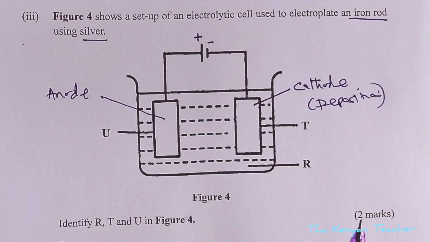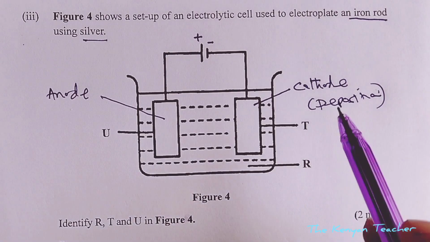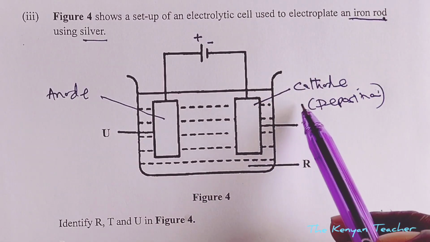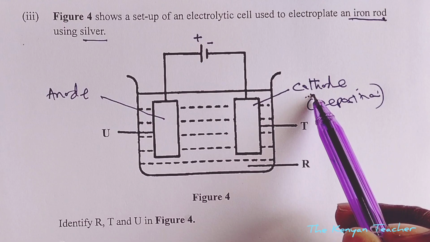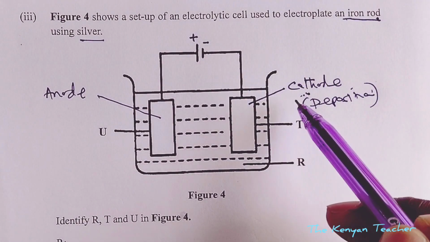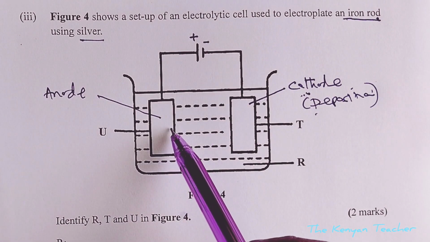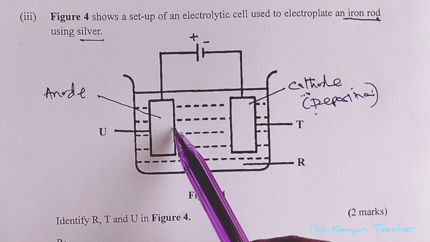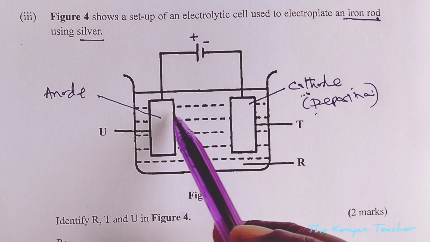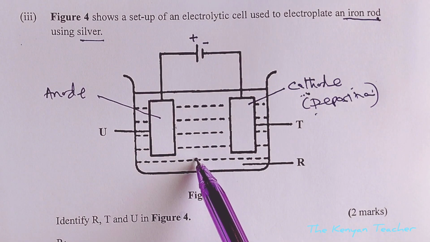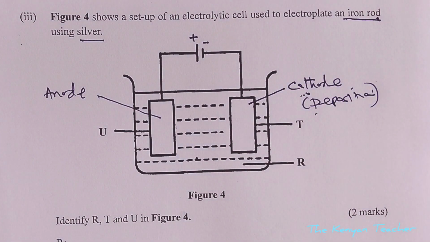So with that piece of information, I want us to take note that the iron rod would be placed at the cathode so that we're able to deposit silver on it. The anode would be made of silver metal that would erode, would actually be oxidized to silver ions. And our electrolyte here would be a solution that contains silver ions.